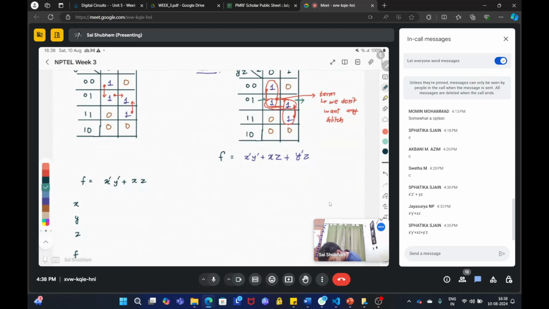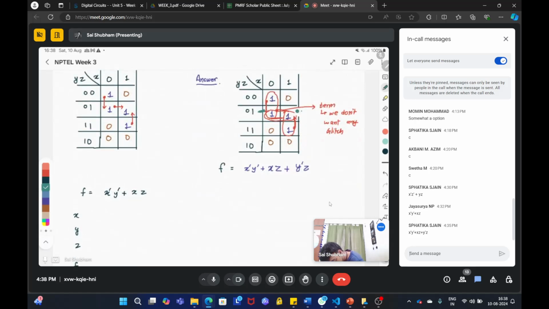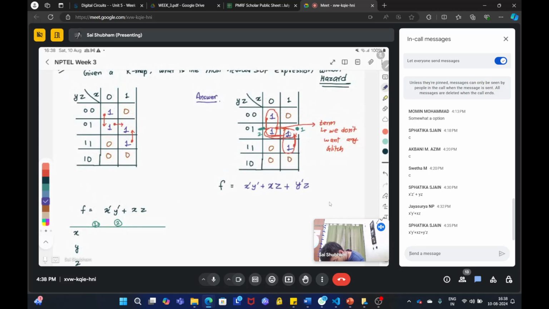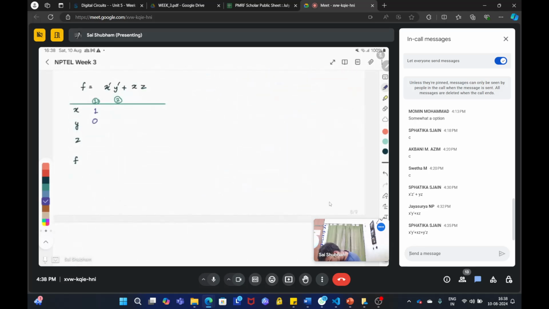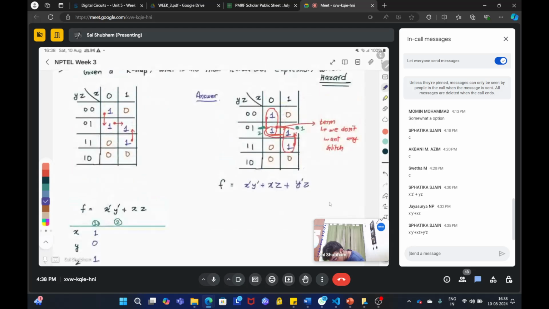From this point to this point. So what are my signal values? Suppose I mark it as 1 and mark it as 2. For 1 my signal values will be 101, and I move to point 001.